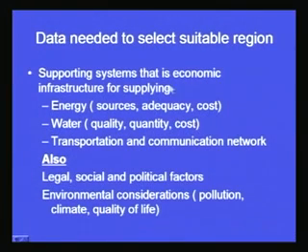Now on your screen you can see the third point, supporting systems, that is economic infrastructure for supplying energy. Energy should be available, different sources of energy can be there, adequacy and cost. Whenever we have to choose a location, if we place our facility in a particular state, the cost of electricity may be less.